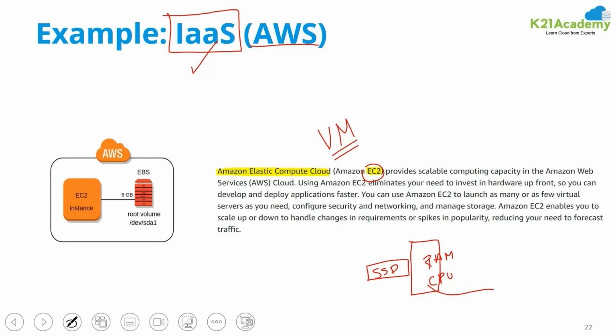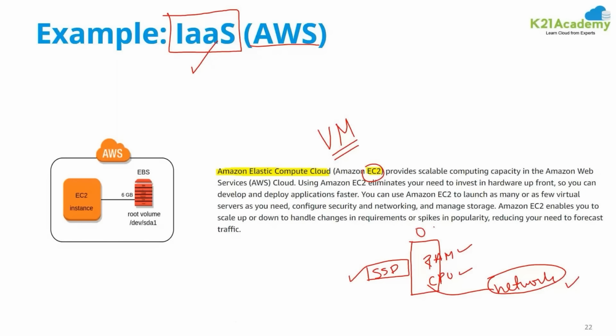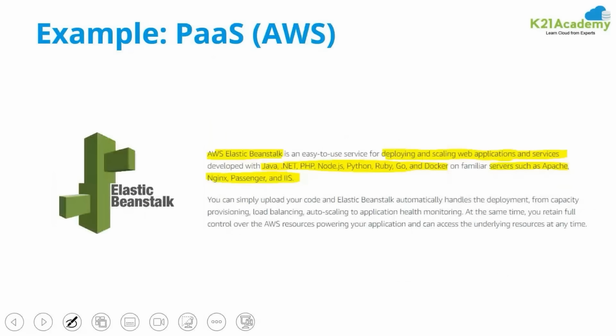The server will be connected to the network so that you are able to access it. These things will be managed by AWS. It will even do the one time operating system installation. But then, patching the operating system, installing the application, loading the data of the application, patching the application, installing the dependent softwares of the application, everything has to be done by the client. So that is known as infrastructure as a service.